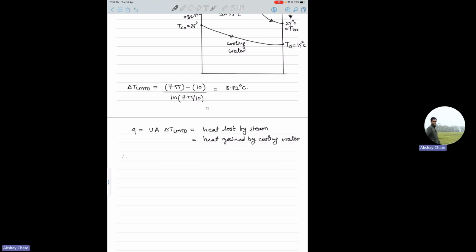So what is the heat lost by steam? For steam we have m dot steam into HFG plus Cp of steam into delta T of subcooling, right? Because for a certain part it was a phase change, and then it is a sensible cooling of the condensed water.